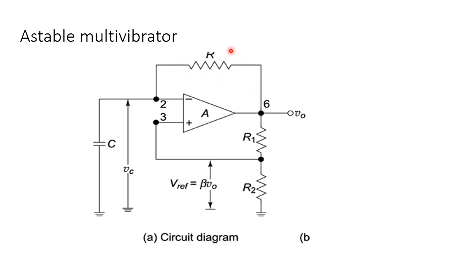At the positive terminal, when my output voltage is VSAT, a portion of that VSAT will be fed back to the third terminal. That portion is given as beta. So beta is the potential division of the voltage.